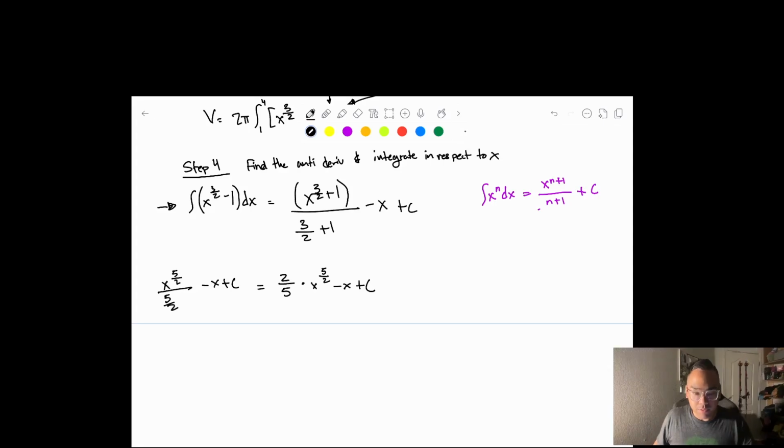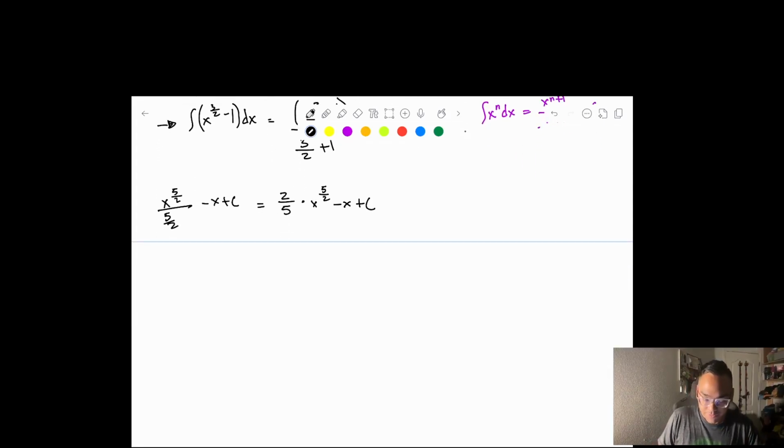Okay, from here, what we have to do is basically step 5. Evaluate the integral. Basically solve for x. So we plug this back into our equation, right? So we're going to get 2 pi.